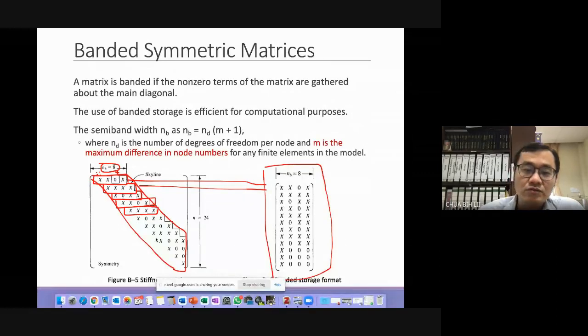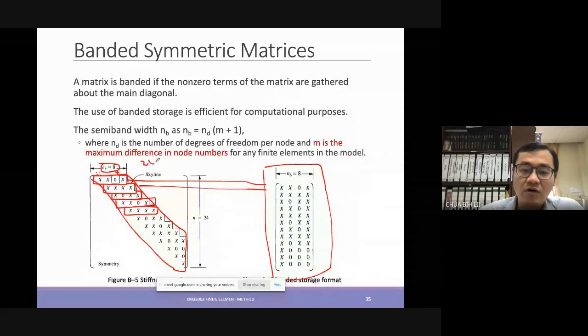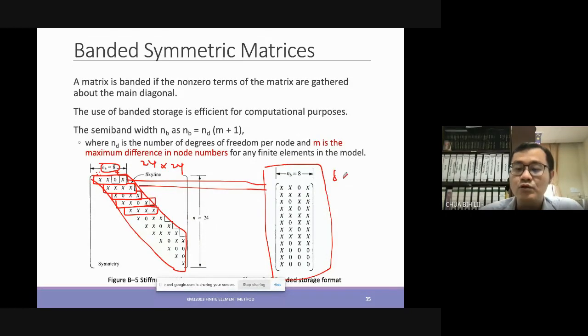So immediately you can see that instead of using 24 by 24 of the matrices, we have reduced it to 8 times 24. So 8 times 24 is about 3 times less data, because 24 divided by 8 is 3.